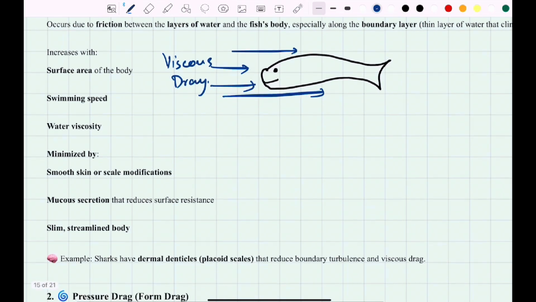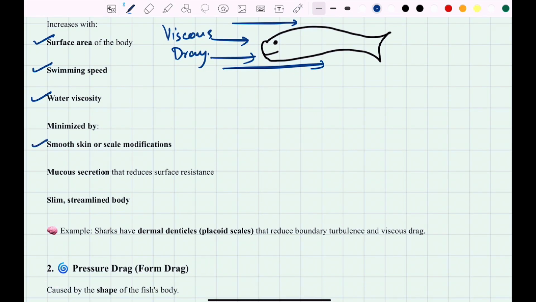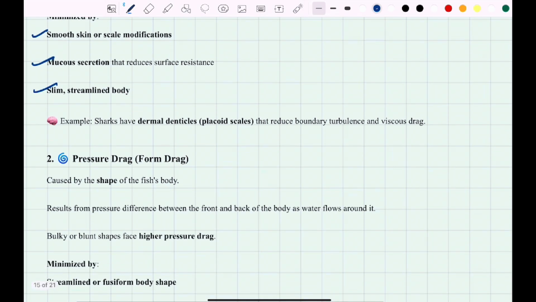This viscous drag will increase with the surface area of the body, swimming speed, and water viscosity, and it is minimized by smooth skin, scale modification, mucus secretion, and a slim streamlined body.